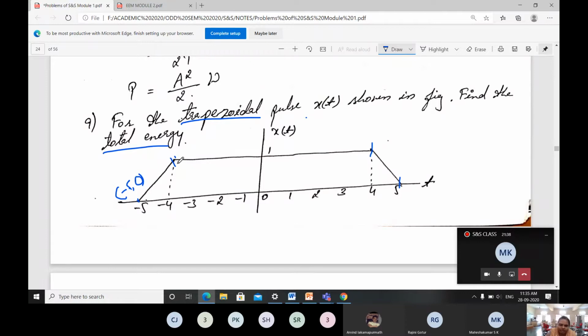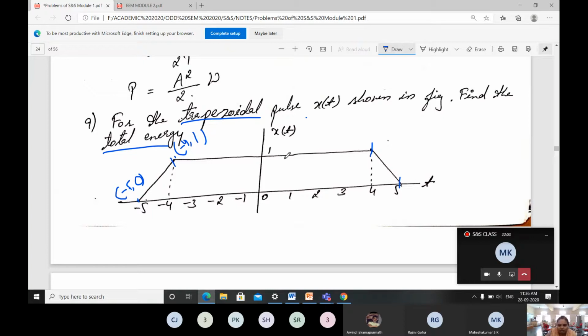Then at the other end of the line, the x-axis value is -4, comma, the y-axis amplitude is 1. So the point is -4, 1.